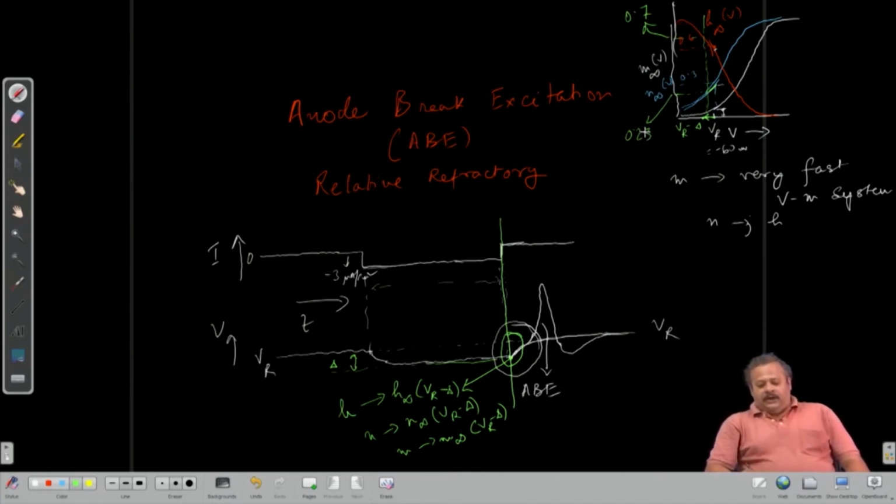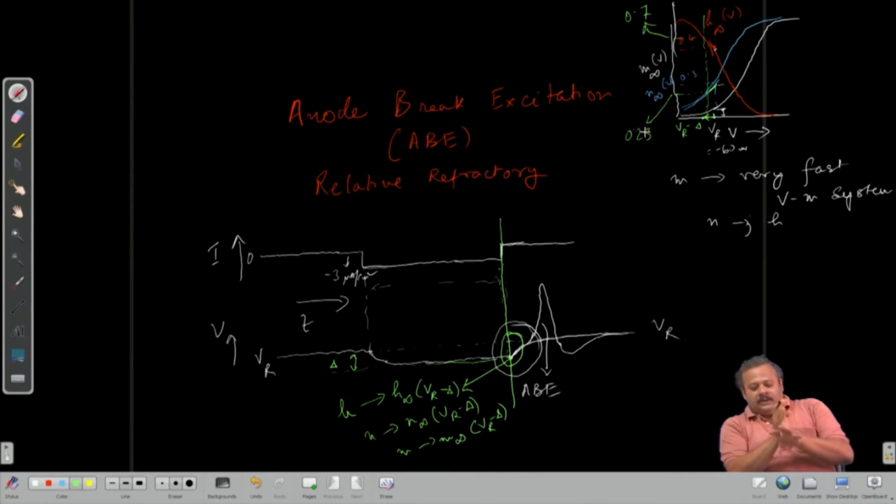So now think of the system: we have H, N and M at these particular values, the voltage has shifted to VR minus delta, and we suddenly remove that I external.